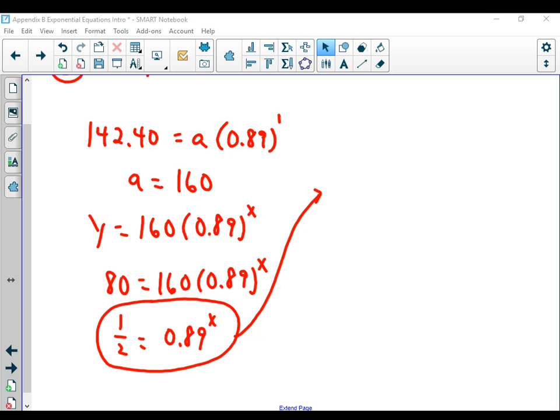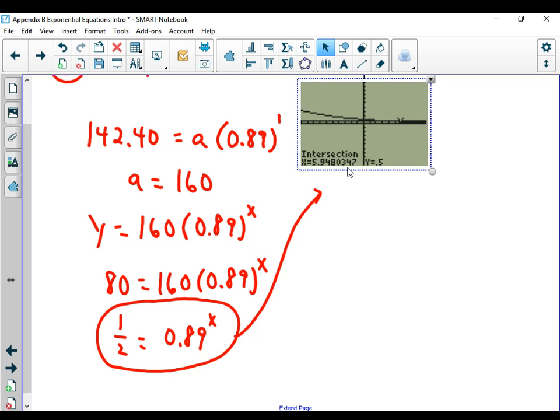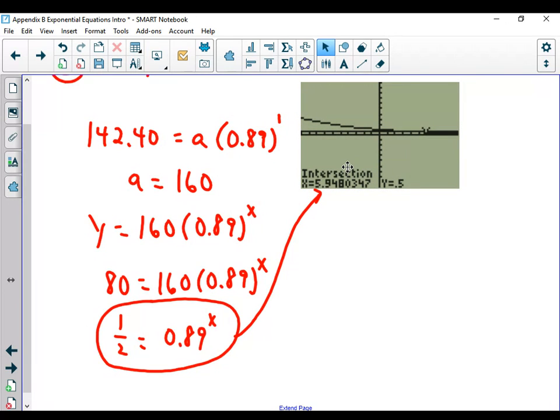It asked me for the first curve, and it gave me the first equation. So I want that one, so I'm going to hit enter. It asks for the second curve, and it gives me the second equation. So I want that. I'm going to hit enter. And I hit enter a third time, and it actually gives me the intersection point. It tells me the intersection is at 5.94.